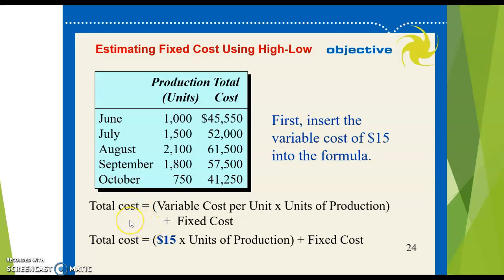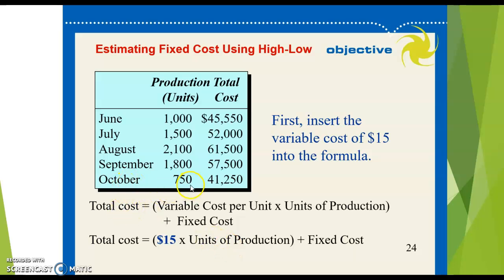And so we're going to plug in everything that we know. You choose either the high or the low month. In this case, we can either choose August, and for the total cost, I'll use $61,500, and then $15 times 2,100 units, and then we can figure out the fixed cost.